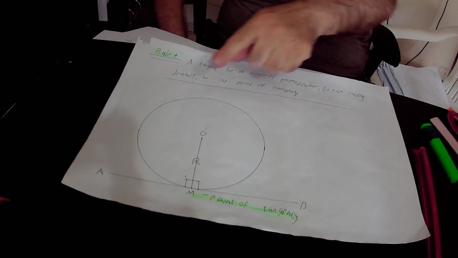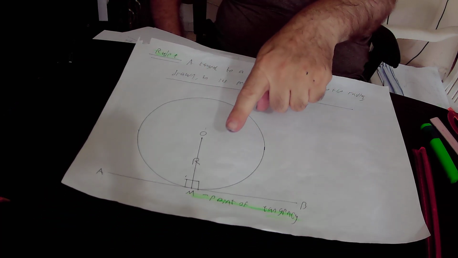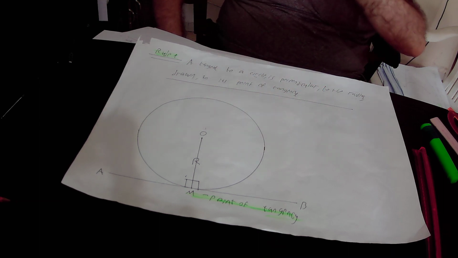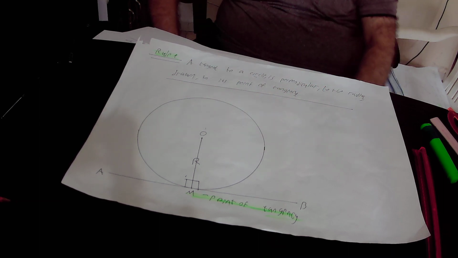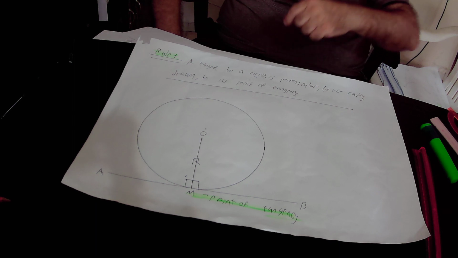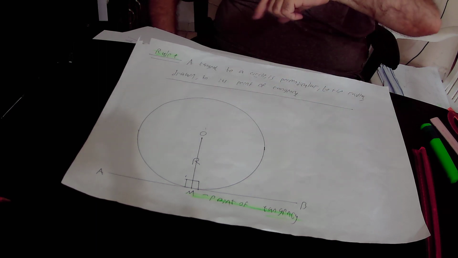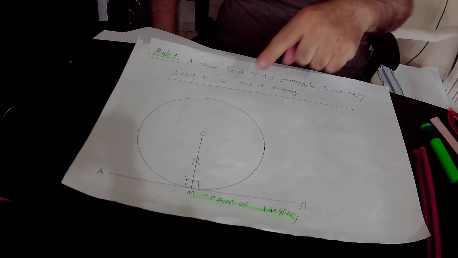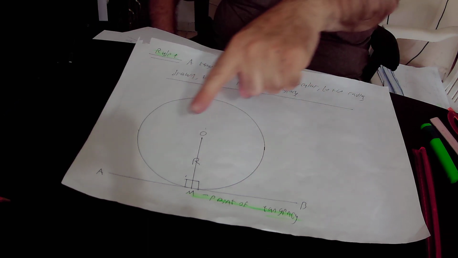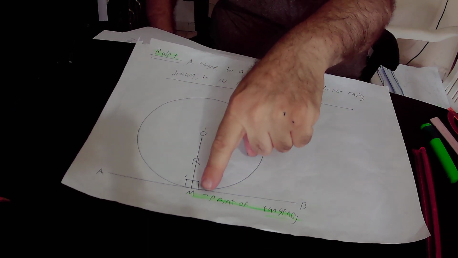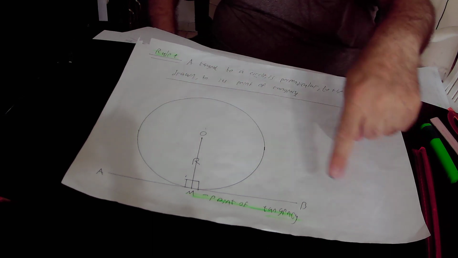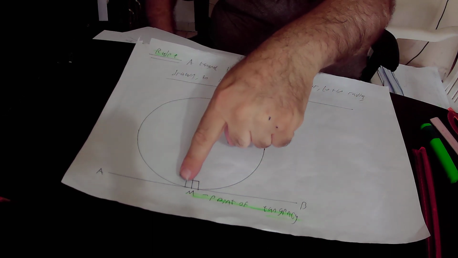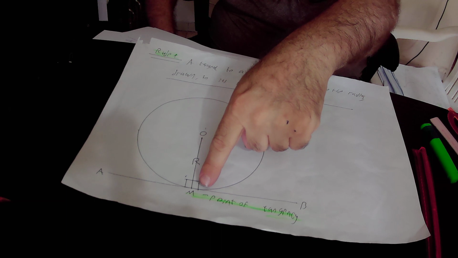Here we have tangent AB, tangent to this circle at point M. Point M is the point of tangency, and we have the radius OM drawn to the point of tangency, and whenever we have a radius drawn to the point of tangency, then tangent AB will be perpendicular to the radius MO. So if AB is perpendicular to MO, it means that this angle equals 90 degrees, and this angle will also be equal to 90 degrees.